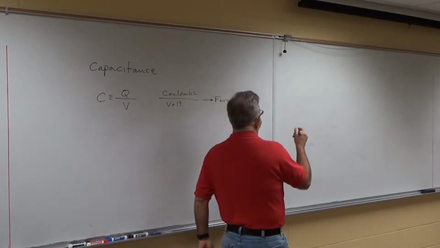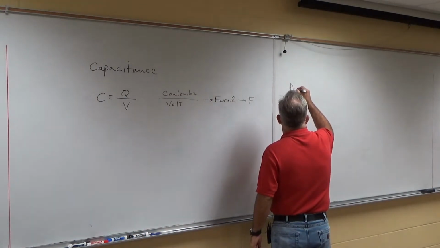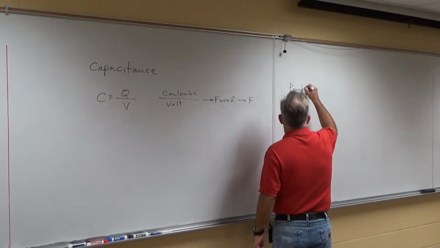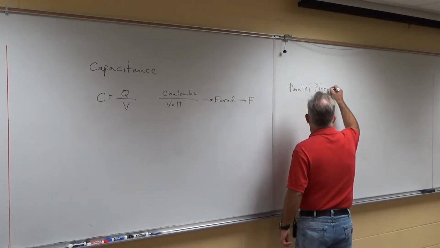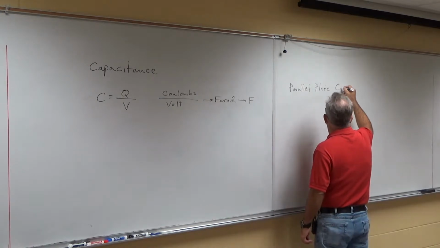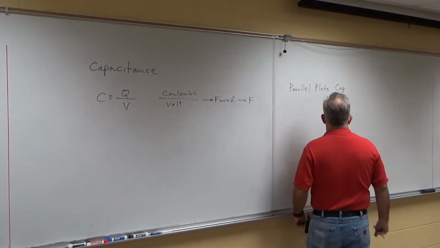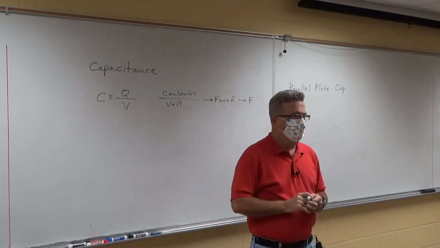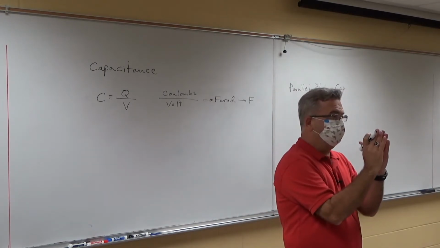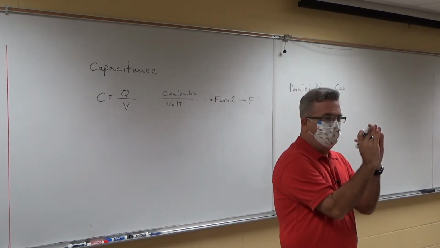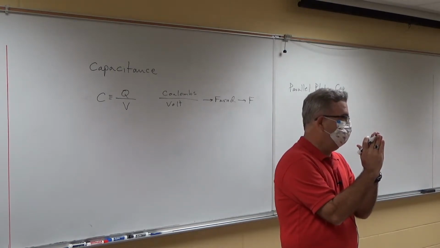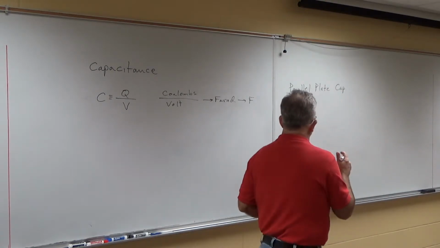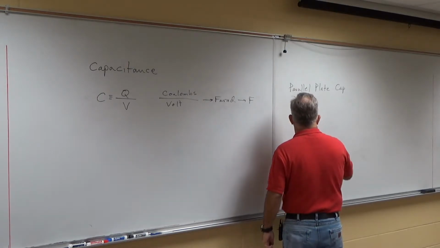So I'll look at maybe the simplest version of a capacitor, a parallel plate cap. A parallel plate capacitor is two conductors separated by some little distance d. So it's sort of like this.